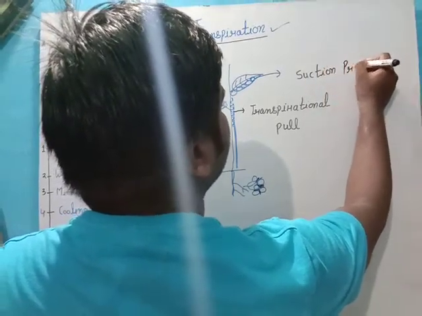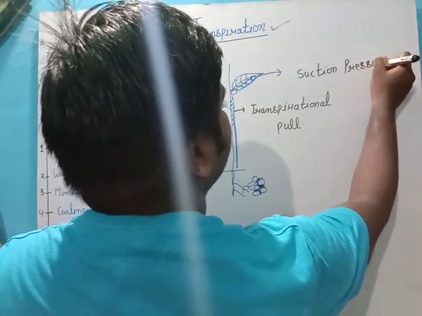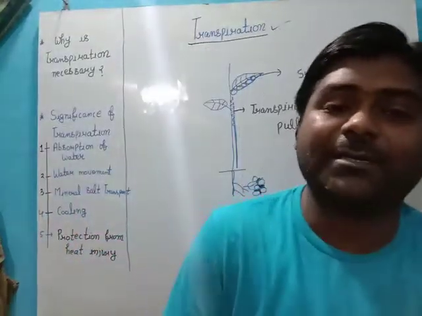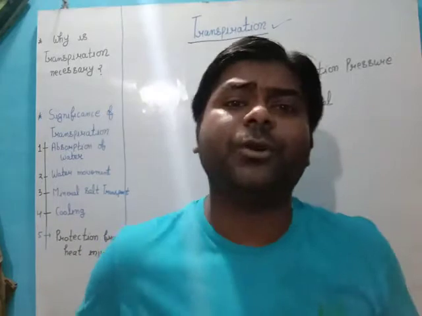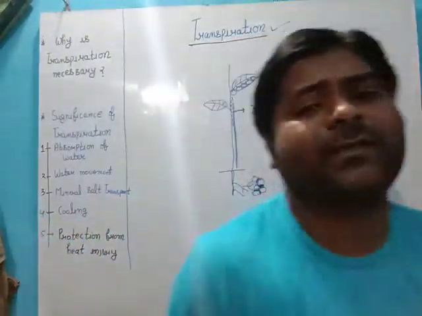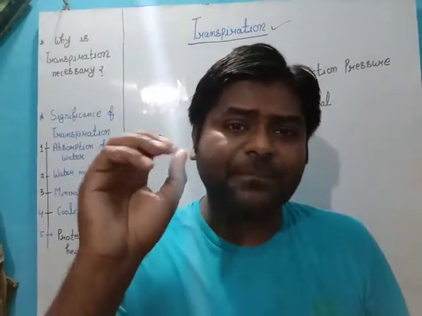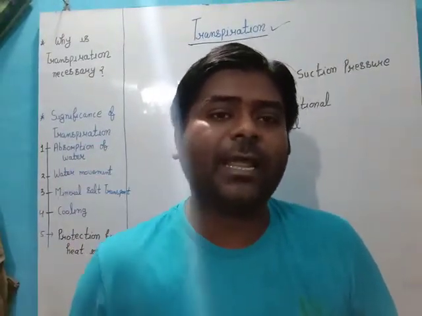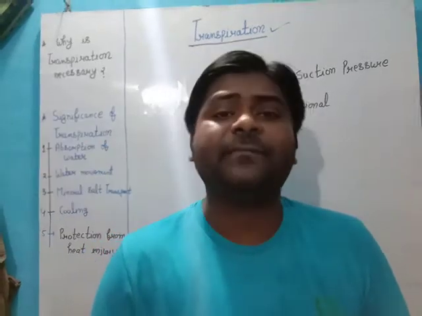Suction pressure is responsible to pull the water molecule upward. And how is it created? Due to the loss of water it is created. So these are the two important processes which happen whenever we have transpiration.